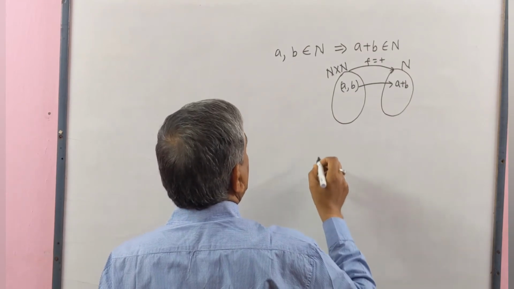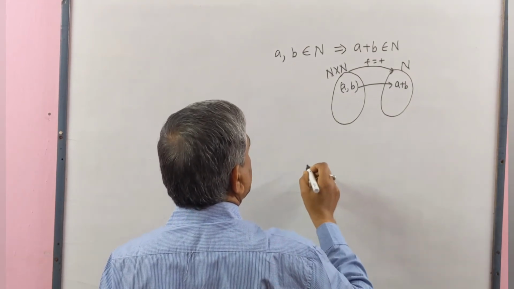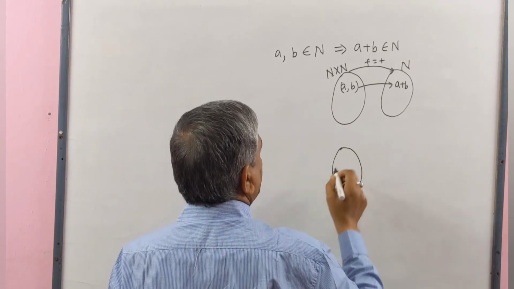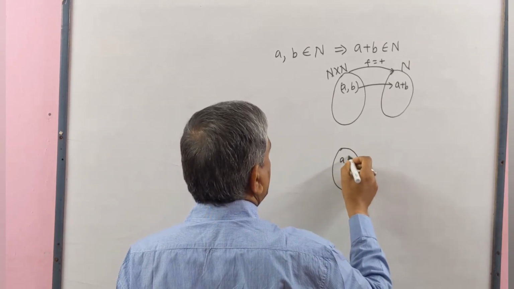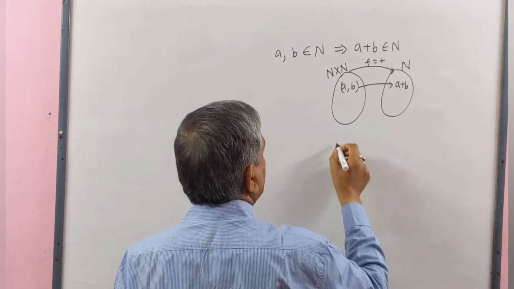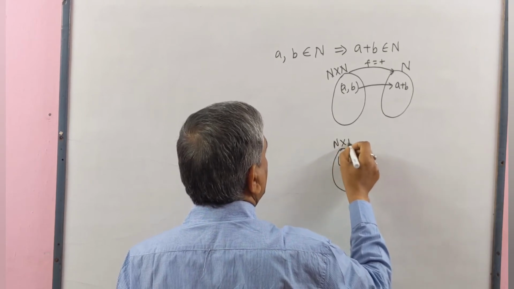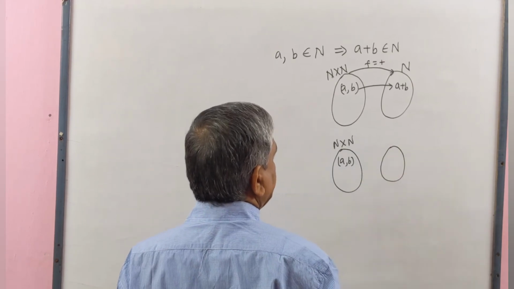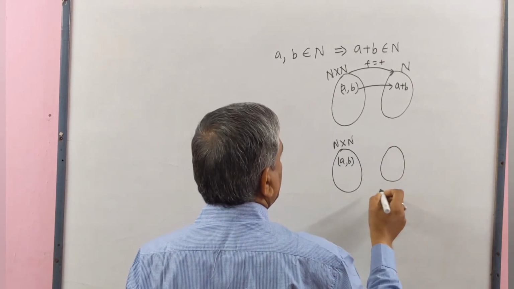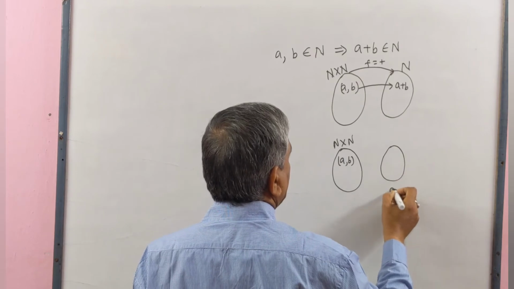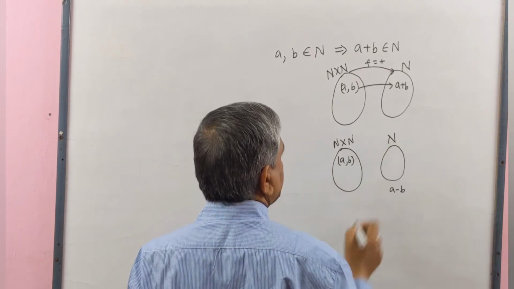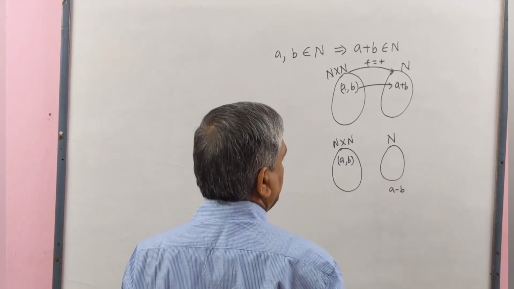But for subtraction, if we take ordered pair (A, B) in domain, we cannot get A minus B in codomain, where codomain is the set of natural numbers.